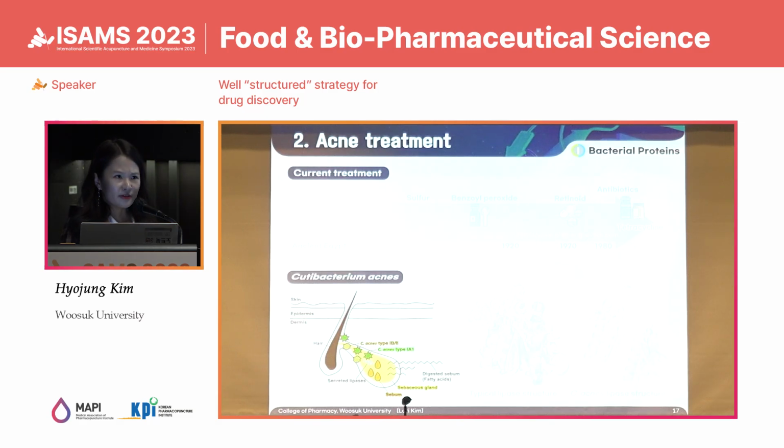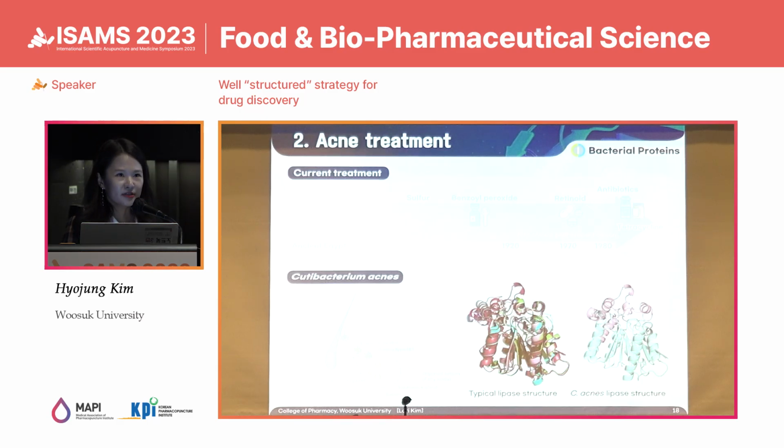But when their lipase activity is too elevated, they will produce more and more lipases, and that will produce more and more fatty acids, and that causes the acne symptom. So my idea is to block these lipases and use it as the acne treatment.